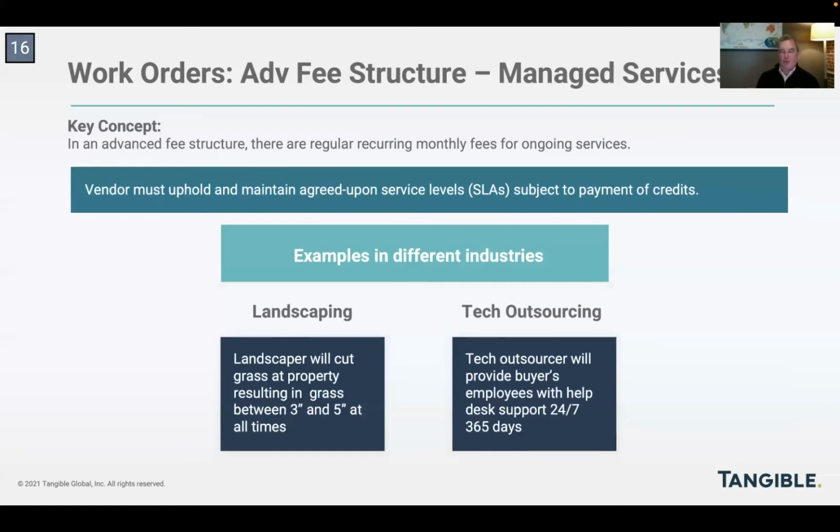And the managed service order goes on at some length to describe the package of services, service levels, usually a fixed monthly charge for delivery of those services.